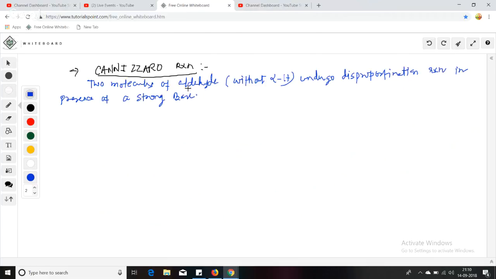And in this the product will be what? The product will be an alcohol and the salt of an acid.